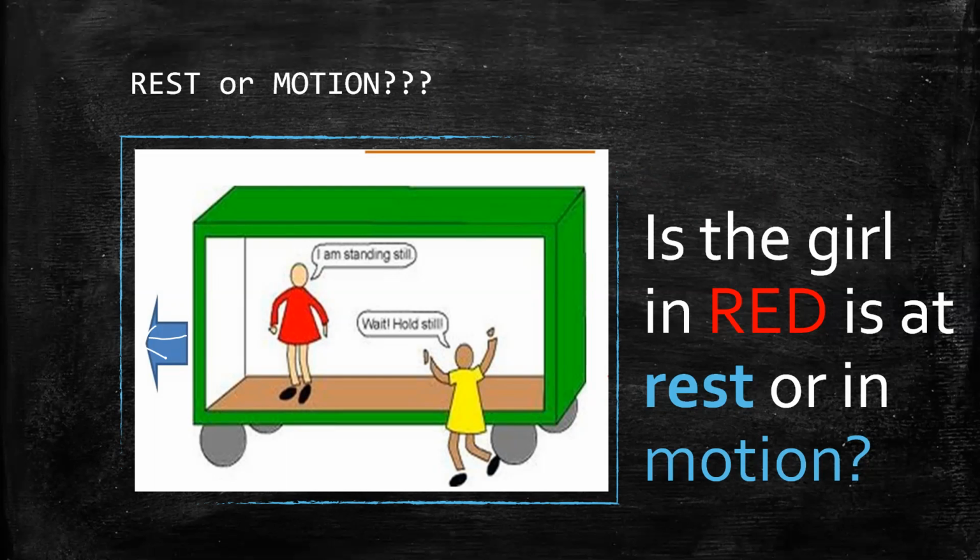So in order to specify whether the girl is in motion or at rest, we have to specify the frame of reference, or the reference point, from where you are observing the girl. The concept of rest and motion will be complete only if you specify the reference point.